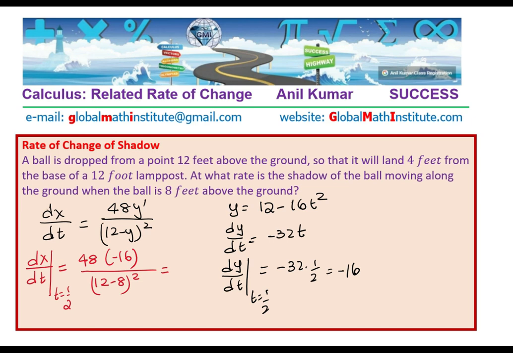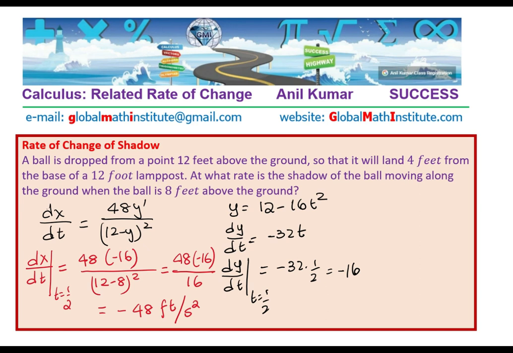So we have 48 times minus 16 over 12 minus 8, 4 square is also 16. And when you divide, what you get is minus 48 feet per second square. Is that clear to you? So that is how we are going to calculate this particular value, and that's the answer.